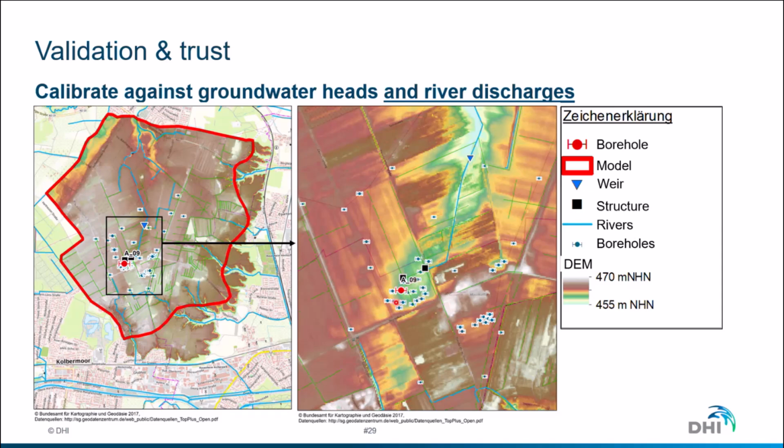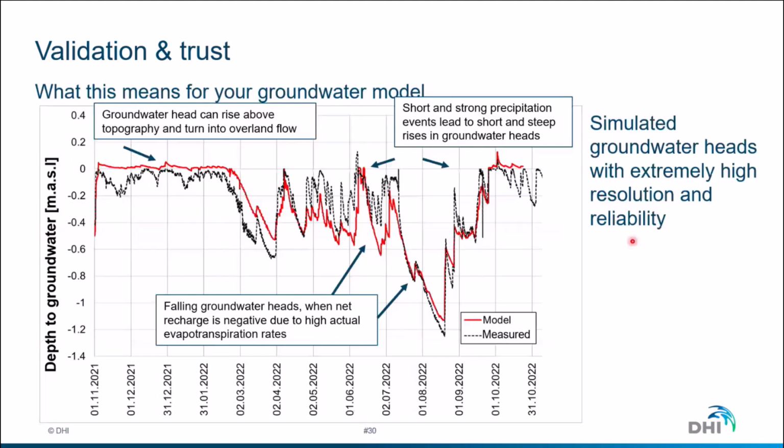We focus here on this low-lying degraded peat area, and I focus on the station A09. Here we have a small river, actually with a discharge gauging station, which we were also able to use for plausibilization and calibration purposes. Now you see here of A09 the depth to groundwater in black, the measured one, and in red the simulated ones.